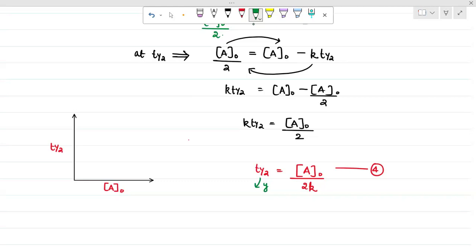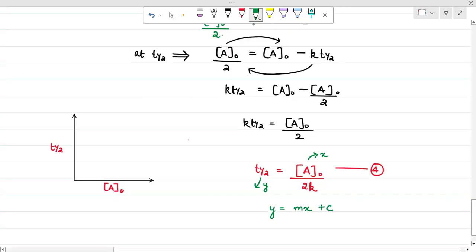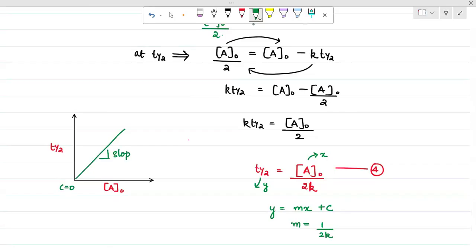This is Y, this is X. So this is of the form y is equal to mx plus c, but you don't have c, so c is going to be 0. The value of m, slope, is going to be 1 by 2k. It is positive. So it will be a straight line passing through the origin having a slope of 1 by 2k.